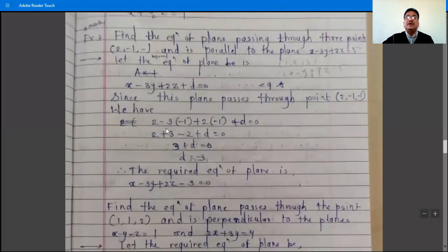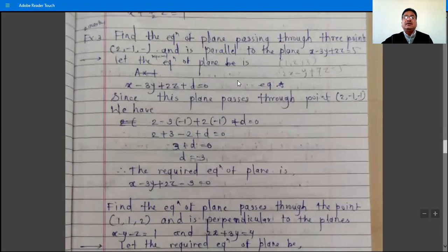So this is the equation of plane passing through a single point and parallel to this plane. If 2 planes are parallel, then the coefficients of x, y, z are proportional, or we say the same.